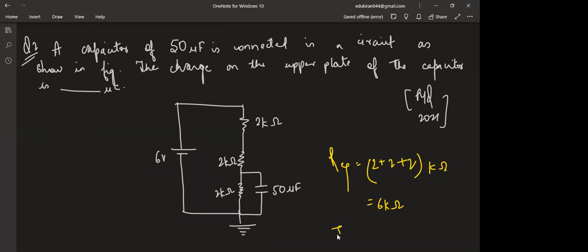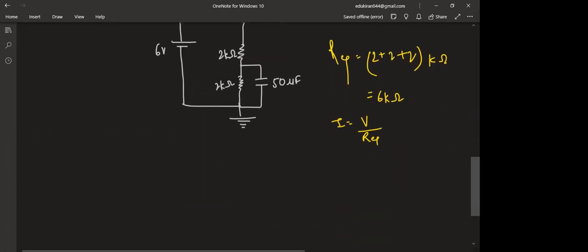So what is the value of current? Potential divided by equivalent resistance. Yes, Adriel, right. Good. So potential is 6 volt, this is 6,000, that becomes 1,000 in the numerator. That is 10 to the power minus 3 amperes.